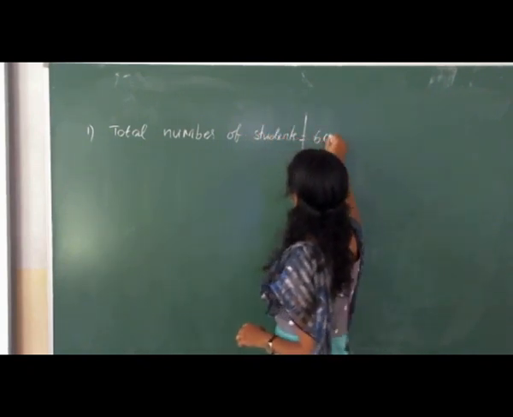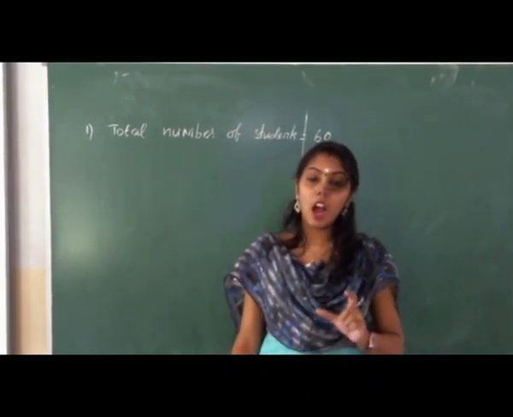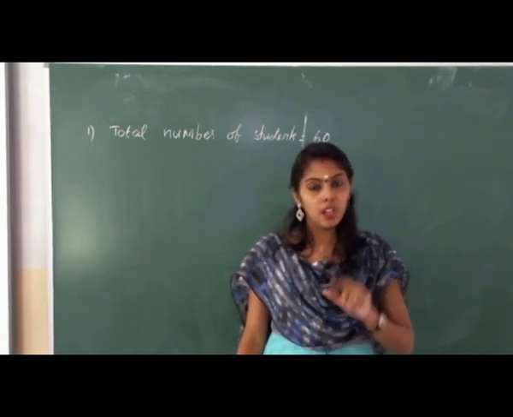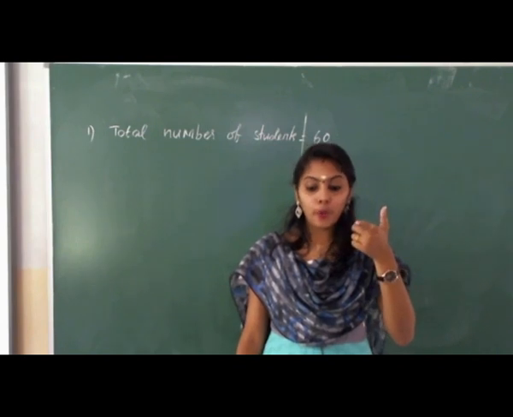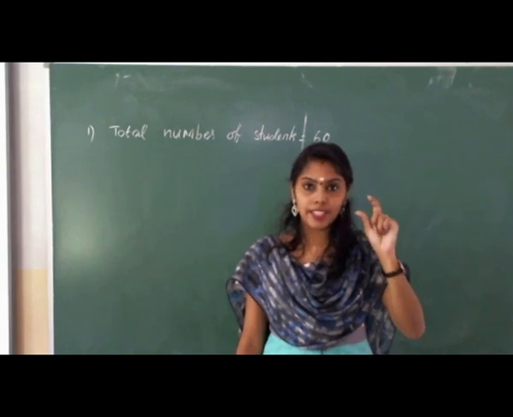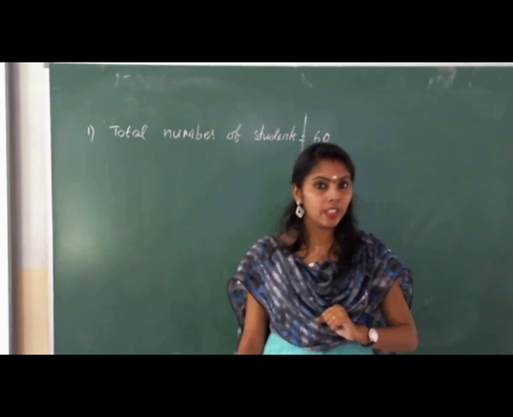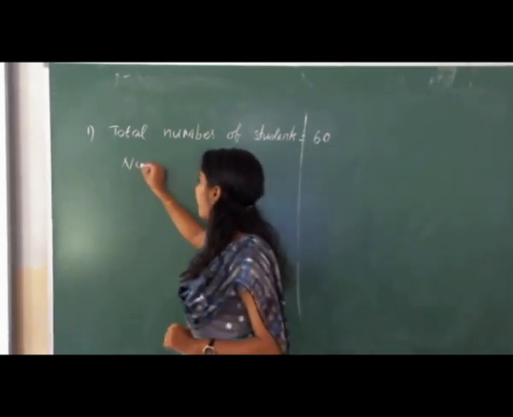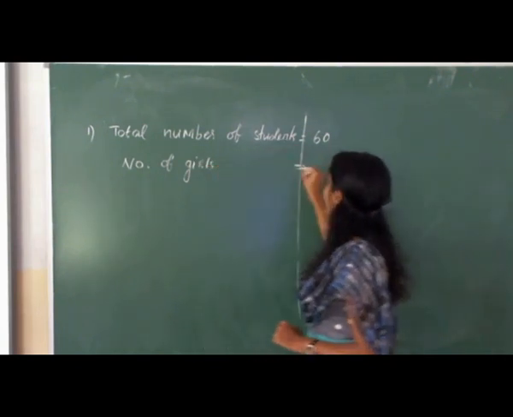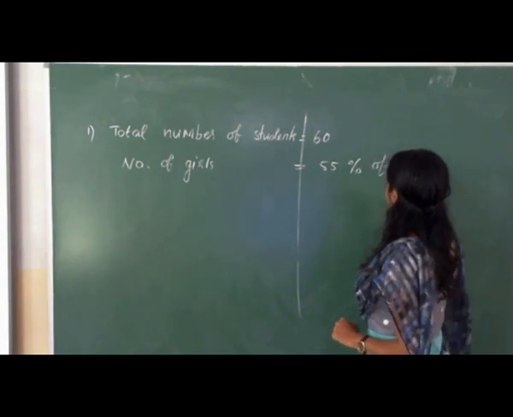Total number of students is 60. Then 55% are girls. Then how many students are girls? Yes, 55% out of 60 are girls. Exactly how do we find the number? What do they mean by this 55%? The number of girls is equal to 55% of 60, isn't it?